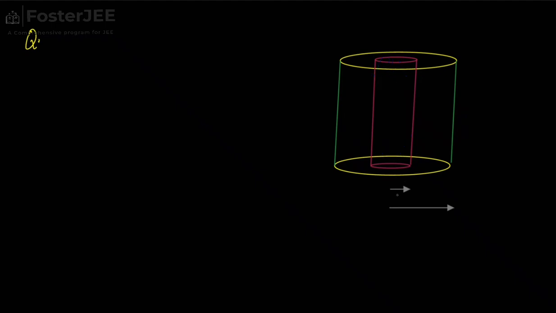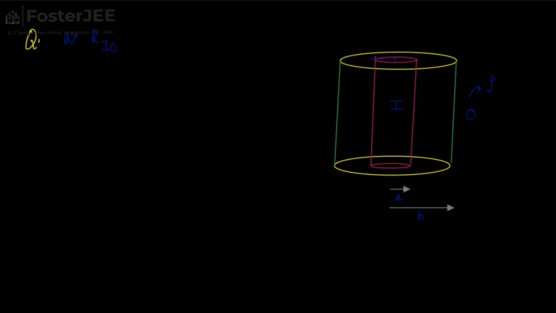The inner radius of this cylinder is A and the outer radius is B. The material has resistivity rho, and if this is the inner face, suppose I, and this is the outer face, in the first case we have to find the resistance between inner face and outer face.